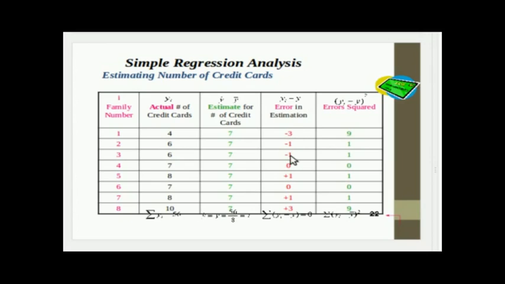First, we will see what SST is, but before that, if you keenly observe, if we keep all these negative signs as they are, then what will happen? They will cancel out and produce a 0 result. So we have taken the square term. So the sum of square total is 22.